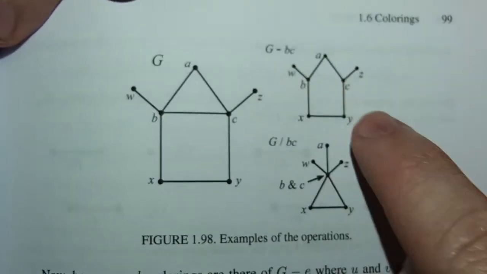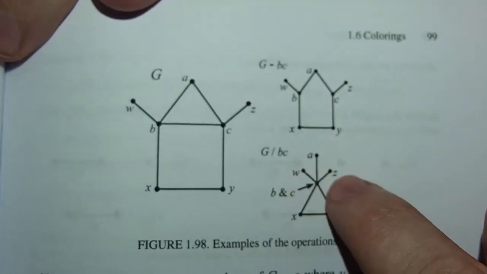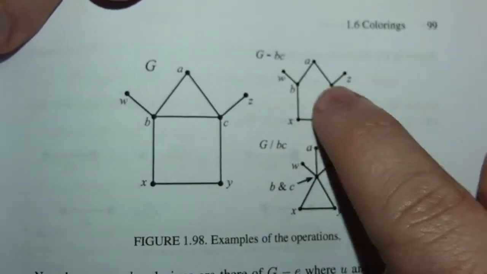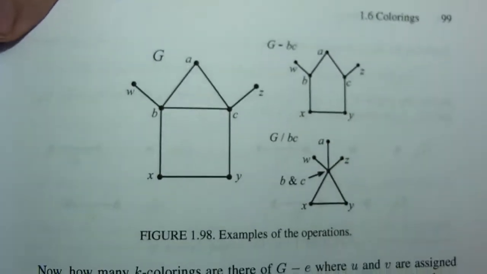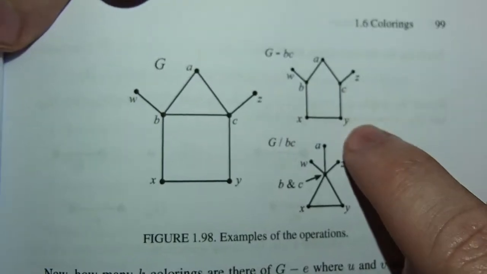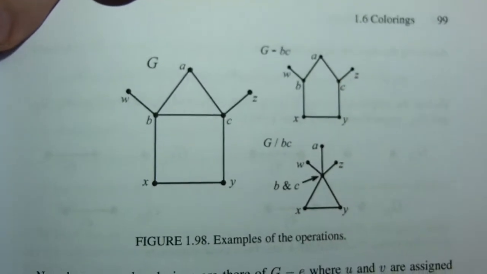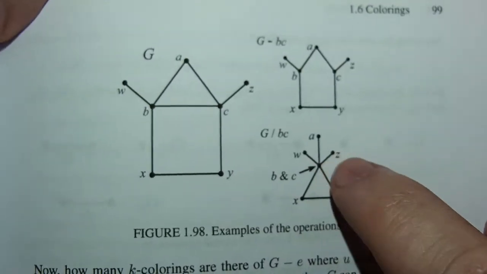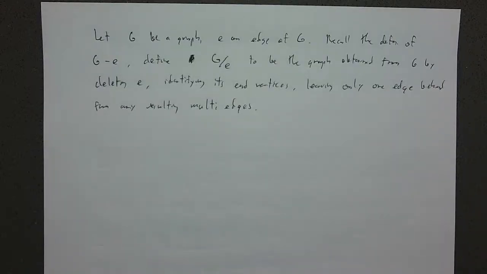Because B was adjacent to W and C is adjacent to Z, this collapsed point is adjacent to both W and Z. They were separately adjacent to A, and they remain adjacent to A through a single edge, not a multi-edge. B was adjacent to X, C was adjacent to Y, and this collapsed point is adjacent to both X and Y. So this is what this operation does. Understand this before moving on to what I'm going to define now. Draw some of your favorite graphs and do that operation.